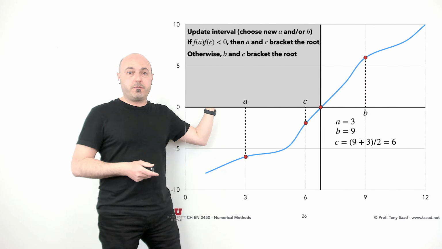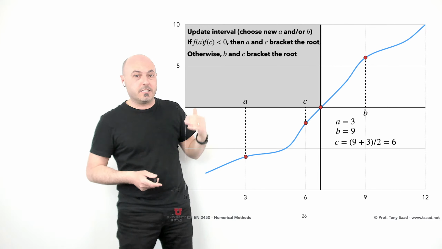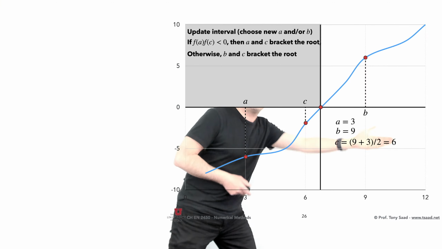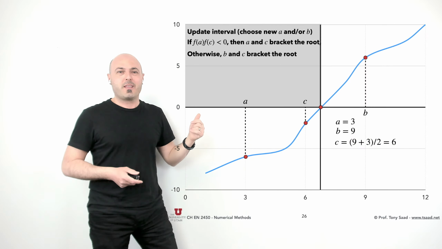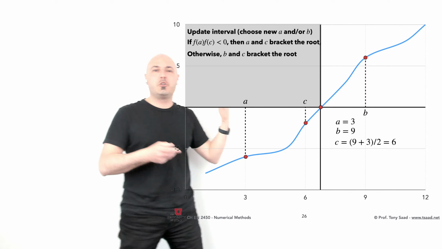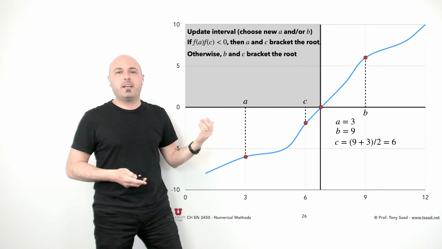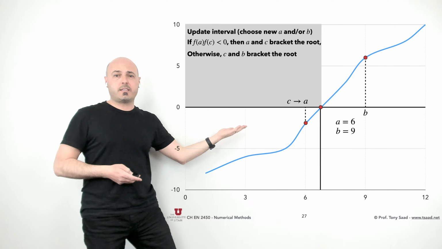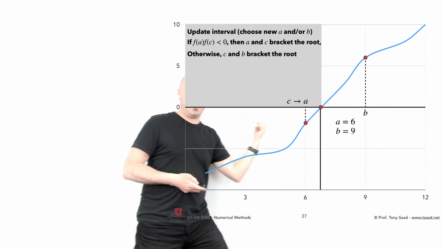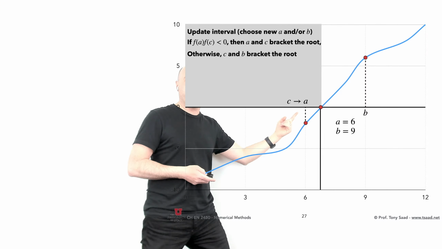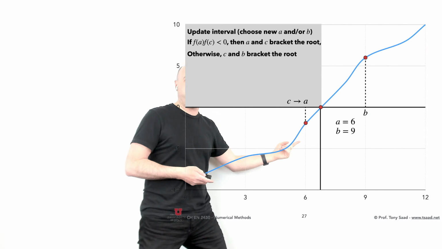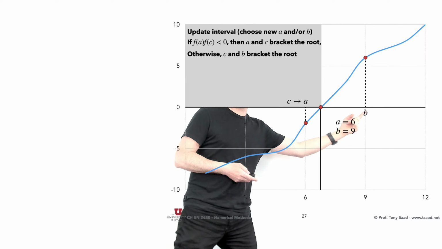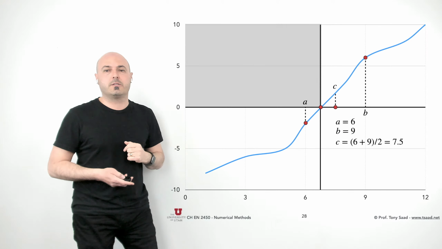Otherwise, if f of A times f of C is positive, then C and B are your bracket. You choose C as the new lower bracket, and B remains as your upper bracket. So in this case, C became our new A. So now we have a new value for the lower bracket, and the upper bracket remains the same.